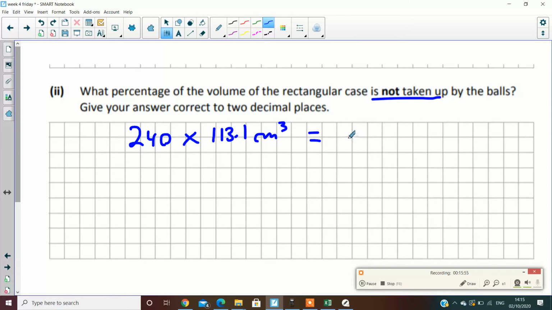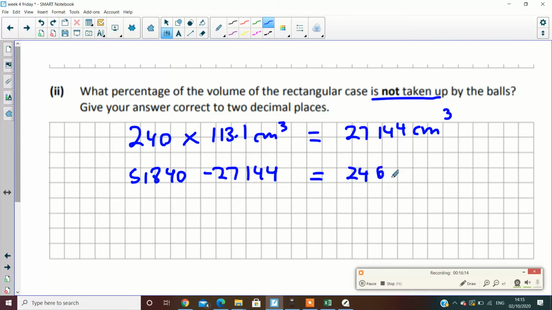This makes 27,144 centimeters cubed. You want the volume that is not taken up. So we take that away from 51,840 minus your 27,144. You then get 24,696 centimeters cubed of free space. This is space that's not taken up by the balls in the box.